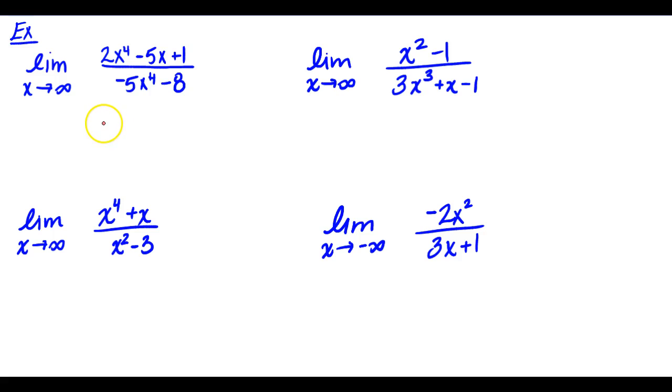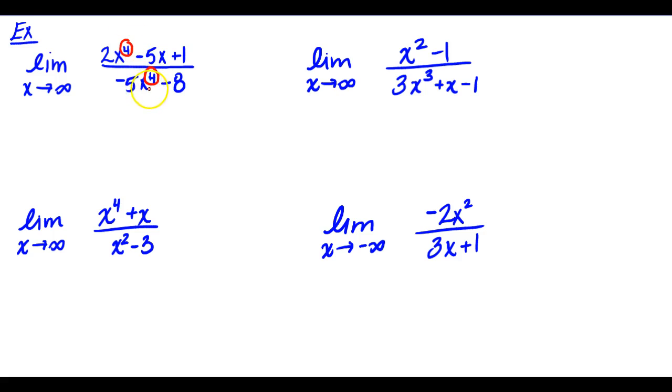So the limit as x approaches infinity of 2x to the fourth minus 5x plus 1 over negative 5x to the fourth minus 8. So if we relate in our mind the notion of limits at infinity and horizontal asymptotes of rational functions, what I can think about is that the highest power in the numerator is 4 and the highest power in the denominator is 4.